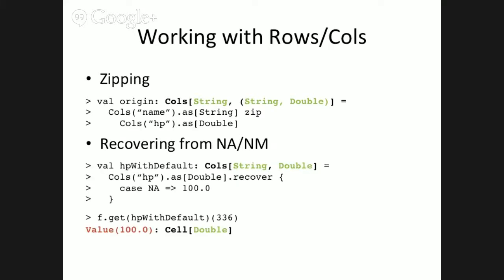There is a lovely recover function, so you can say if the horsepower is ever NA, just replace it with 100. And then when we go to actually get the value I was missing before for the Mustang Cobra, it'll recover with the default value of 100 instead.